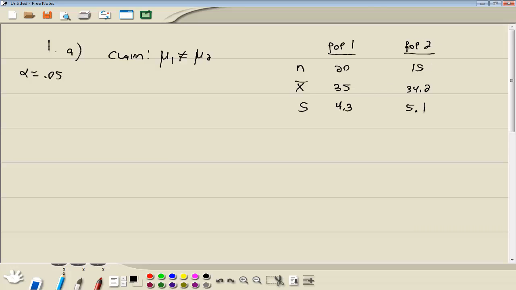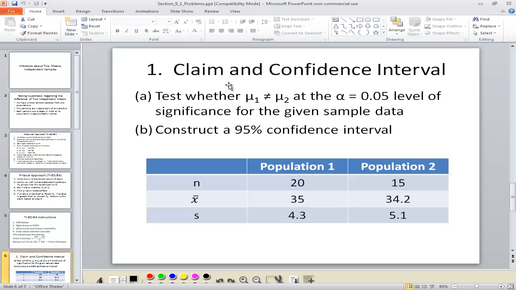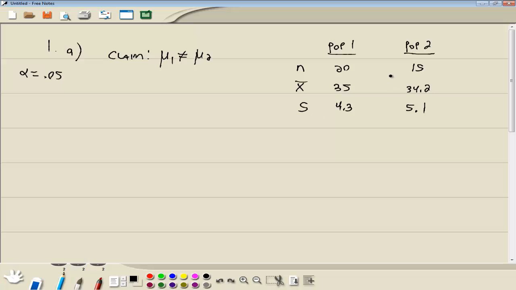Then, out of our second town, we pick 15 people, and their sample mean is 34.2, and their sample standard deviation is 5.1. Now, we assume, it doesn't say it here, but you can assume for purposes of this test that these are normally distributed. Obviously, these are not large samples.